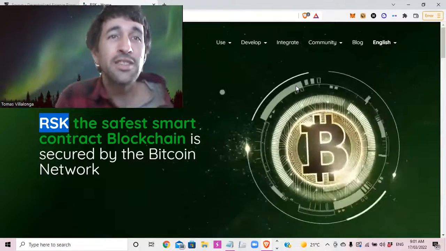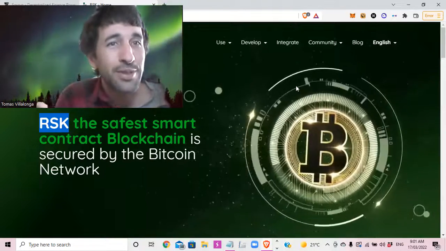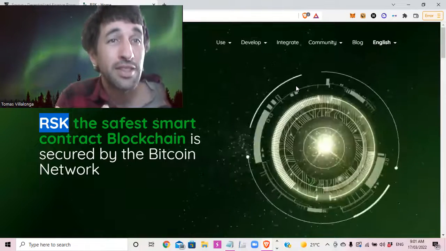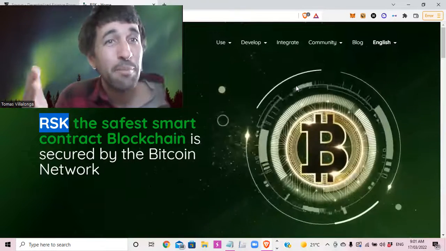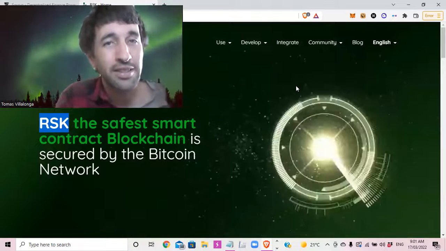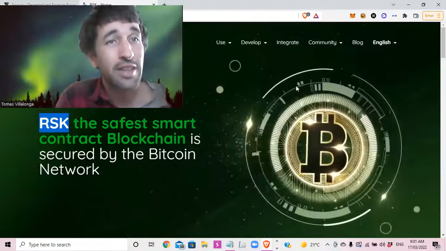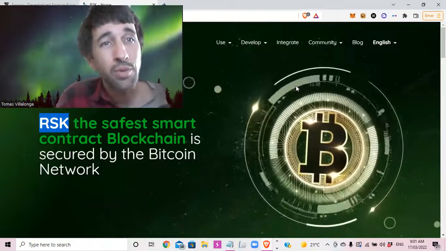It's the first Bitcoin layer 2 EVM compatible chain that is merge mined by the Bitcoin miners, and it settles in the Bitcoin blockchain. I am very, very excited about it. It's kind of new.